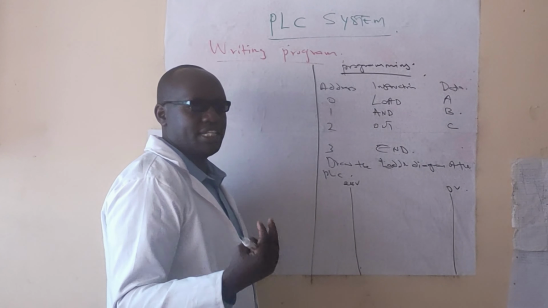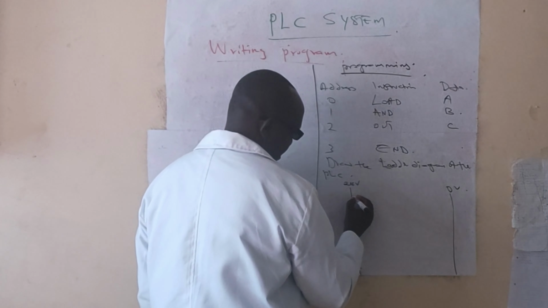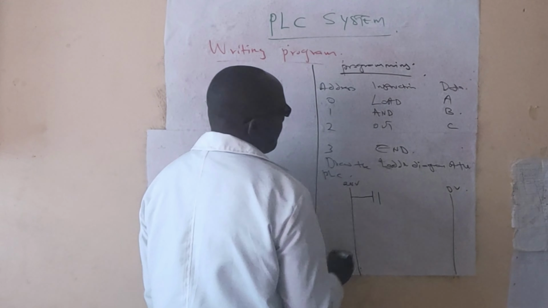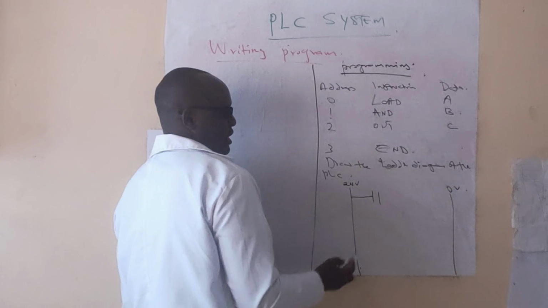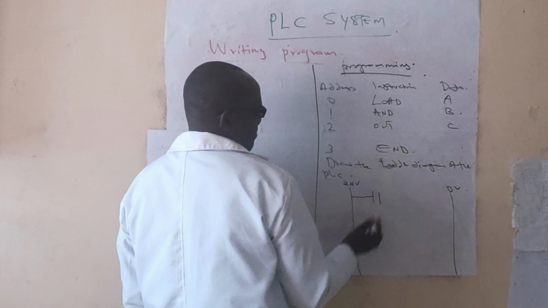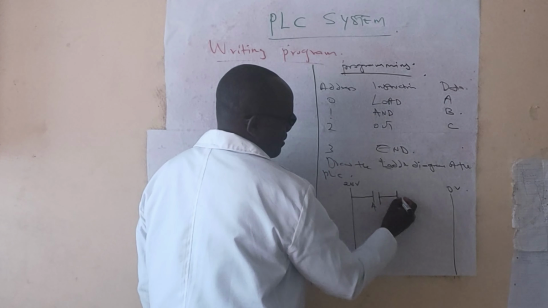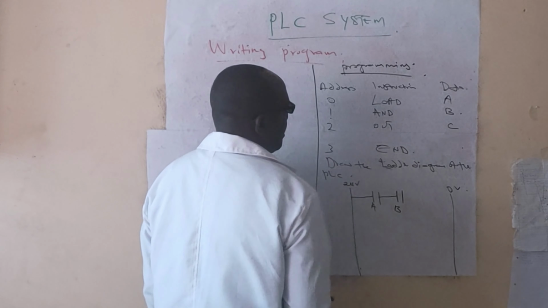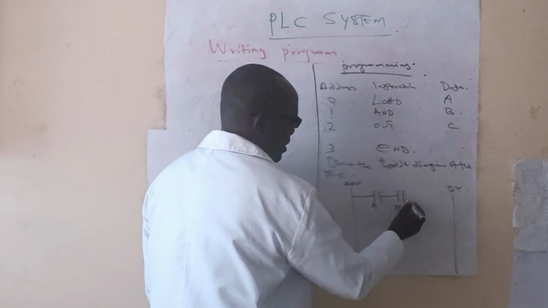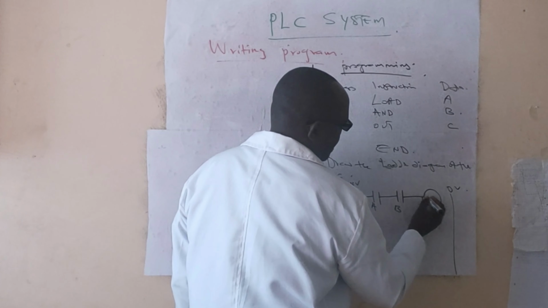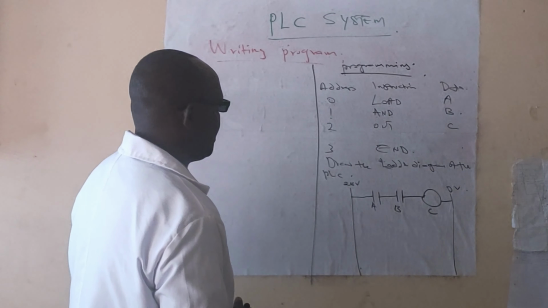We are supposed to load data A. Then you go to number 1, where we are told AND B. So this is A, then again we are told AND B, and then output C. So again, we are supposed to output C. Then number 3, we are told we end the program.